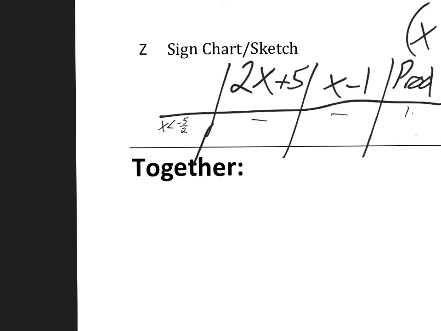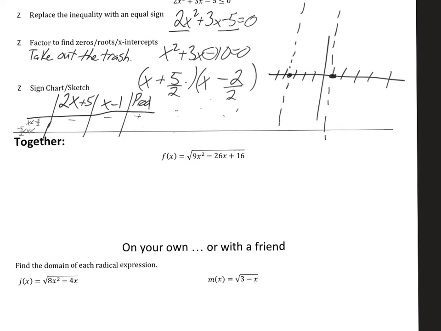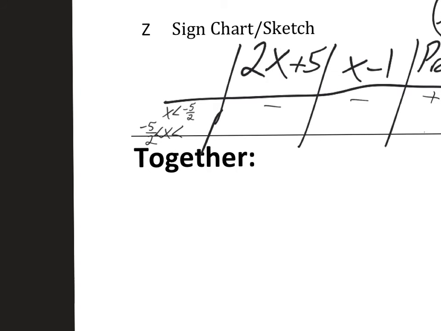Negative times a negative is a positive. Now I'm going to take my negative 5 halves less than x, which is less than, where's my other line at? It is at positive 1. So a number between those two. I'm going to go ahead and do 0. So that means this is positive and this is negative. Positive times a negative is a negative.